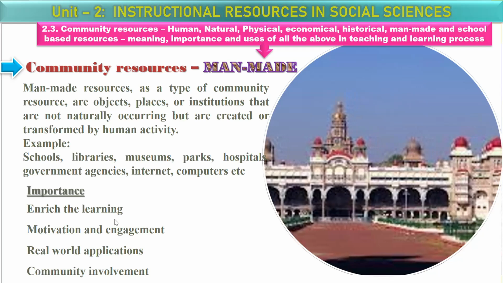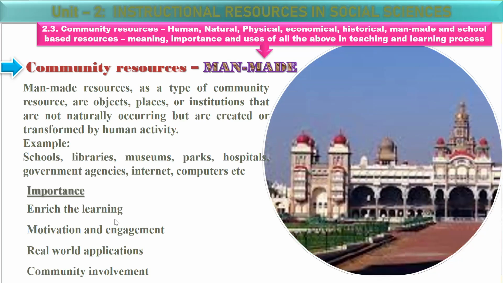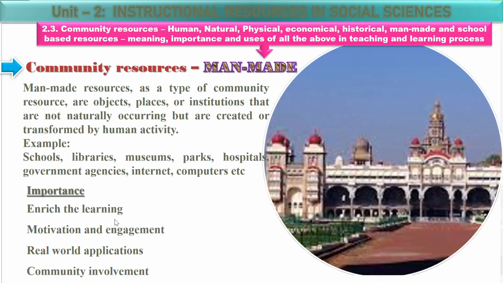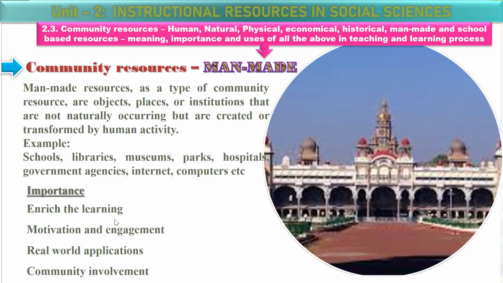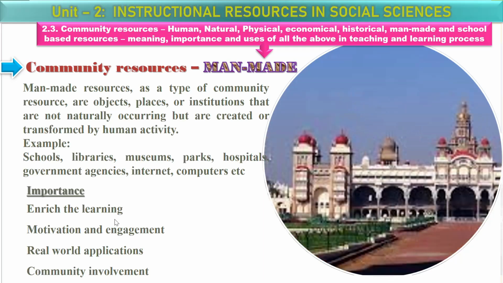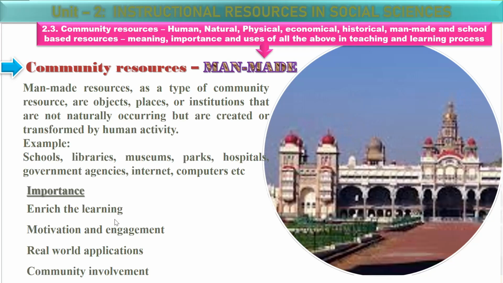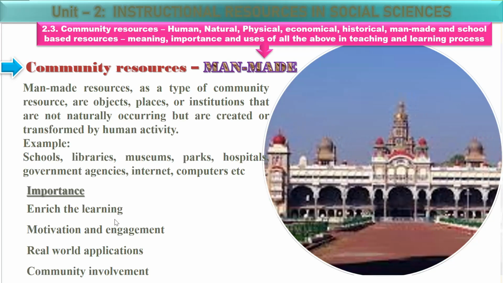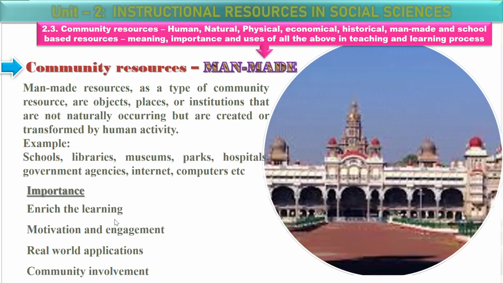What is the importance? Again, enriching the learning, motivation and engagement, real world application, then community involvement. So you can see the importance and uses. Almost the same headings are there, just to connect to the topic.